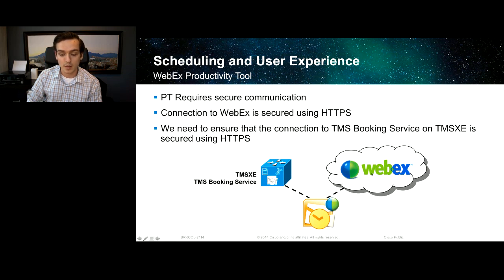Obviously, WebEx being a cloud service already has certificates created in WebEx which productivity tools uses to verify the identity of WebEx and then to encrypt any communication between productivity tools and WebEx.